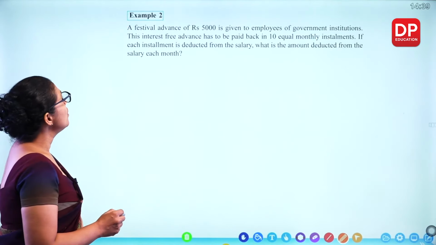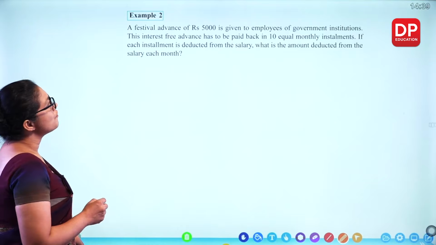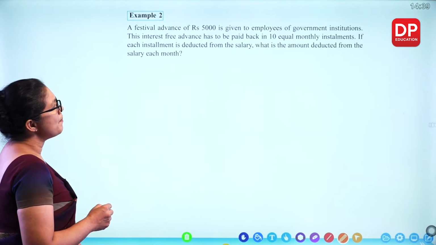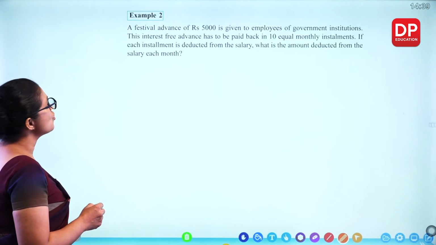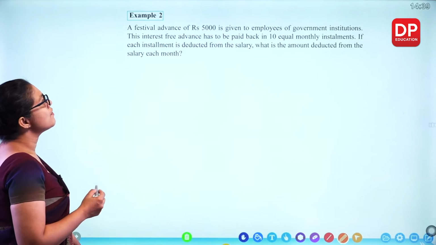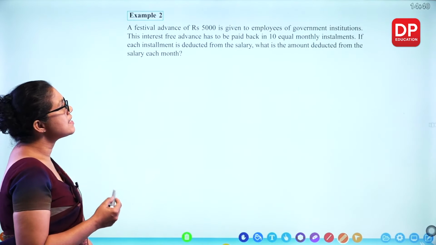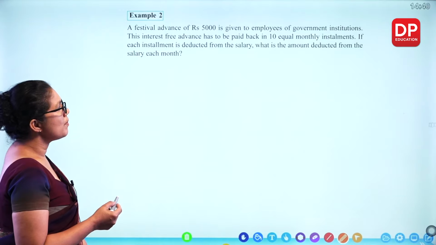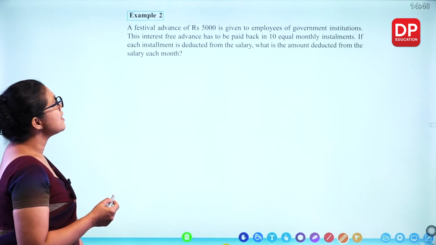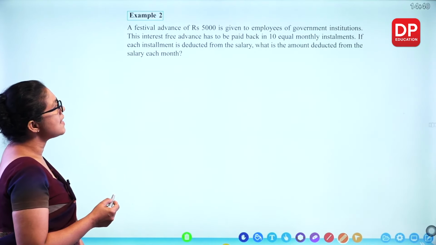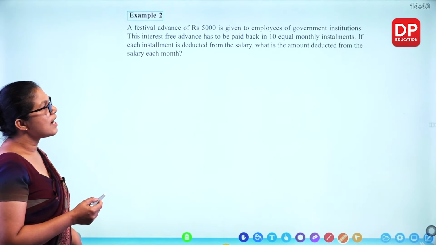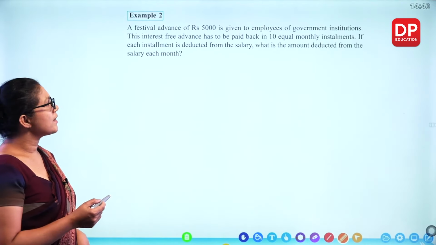Example number 2. A festival advance of 5,000 rupees is given to employees of government institutions. This interest-free advance has to be paid back in 10 equal monthly installments. If each installment is deducted from the salary, what is the amount deducted from salary each month?